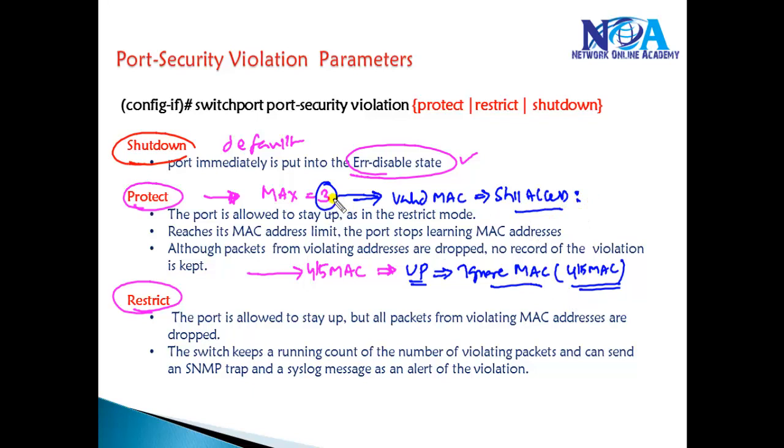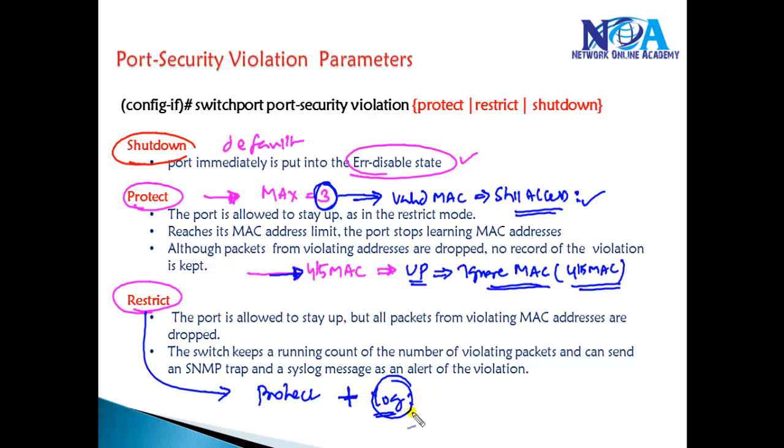Which means if a user is sending traffic with the three valid MAC addresses which are learned, they will be able to access the resources. But the fourth or fifth MAC address, whatever is learned other than those three, will not be able to access the resources. Now, in case of restrict, it's the same as protect, but the one extra thing it will do is generate a log message.